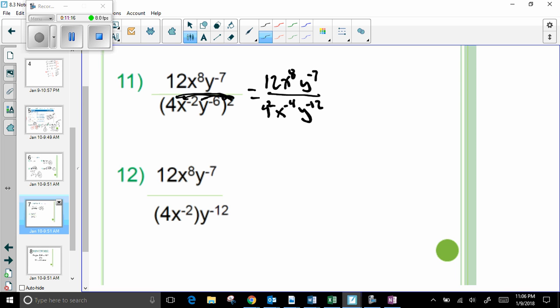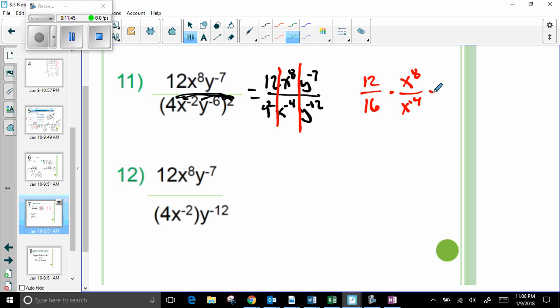Okay. For problems like these, I start to divide all the different factors up. So now I've got like 3 different fractions that I'm dealing with. I've got 12 over 16, basically. And that's times x to the 8th over x to the negative 4th.